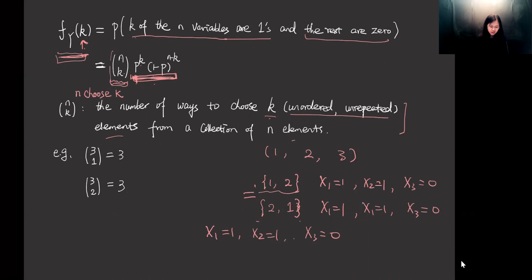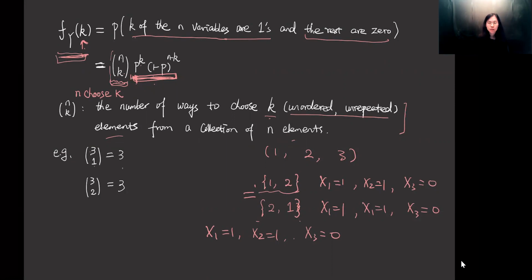Just to consider this 3-element example, how many ways are there to choose 1 element from 3? Well, clearly there are only 3 ways to choose 1 element from 3 elements. You can choose the first, you can choose the second, or you can choose the third. There are only these 3 ways. So 3 choose 1 is 3.